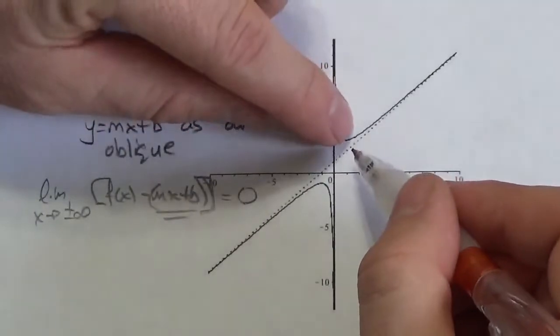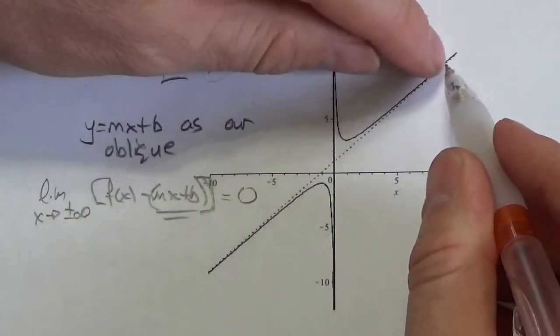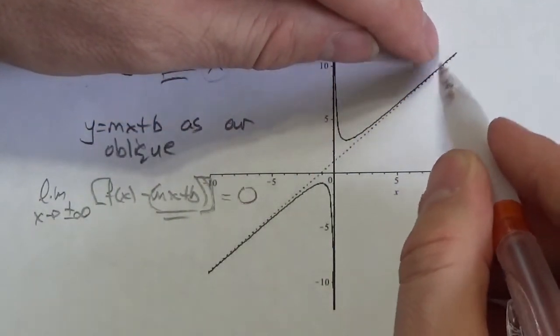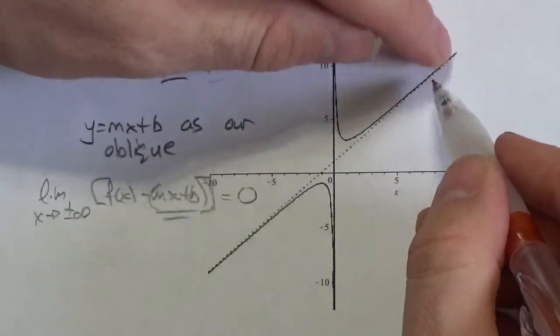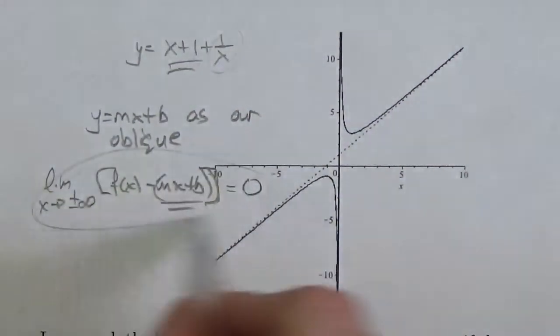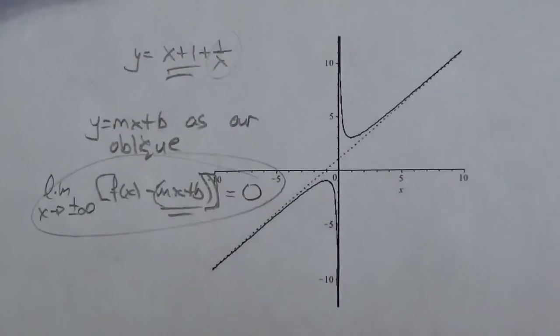And you can see that right here. As we go further and further away from the origin, the distance between the function and that dotted line goes to 0. This is perhaps a little bit more of a rigorous way to approach this problem, but does it really help at this point here?